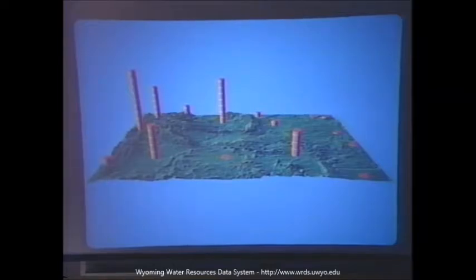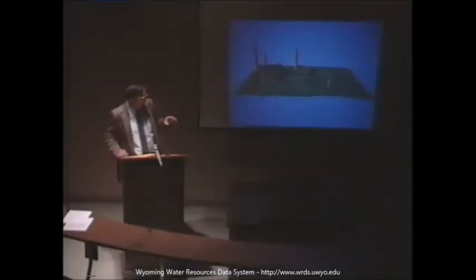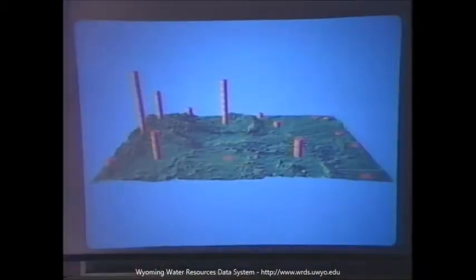But on the other hand, the amount contributed from other states to this total outflow is virtually insignificant. This is the total leaving Wyoming. This is the total that Wyoming contributes. And the two slides are virtually indistinguishable. Again, my point is that most of the water that leaves is water that has precipitated into Wyoming.